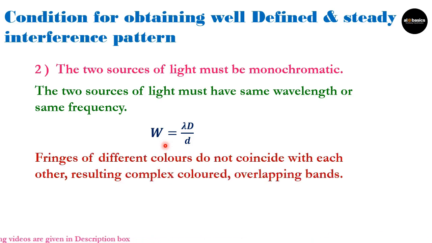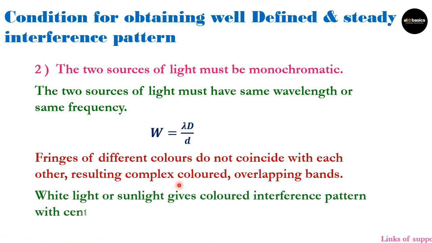And what will happen? Fringes due to different colors will form at different position and they will not coincide with each other. Means I say that for violet color fringe for bright will be formed here. For red color bright will be formed somewhere else, and there is no matching between them, and due to that the interference pattern which we will get, that will be complex colored or overlapping type of interference pattern.